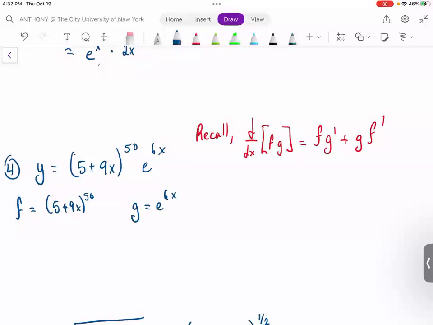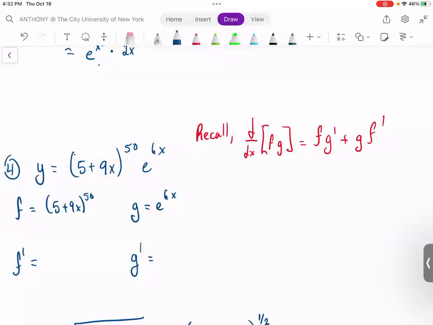Now, you have to find your derivatives, f prime and g prime. If you want to find your derivatives here, you need to use a chain rule. These examples of the chain rule are relatively simple, I think. With enough practice, you should be able to find them. But I'm just going to let you know what they are. For the first one, f, your inner function would have been 5 plus 9x.